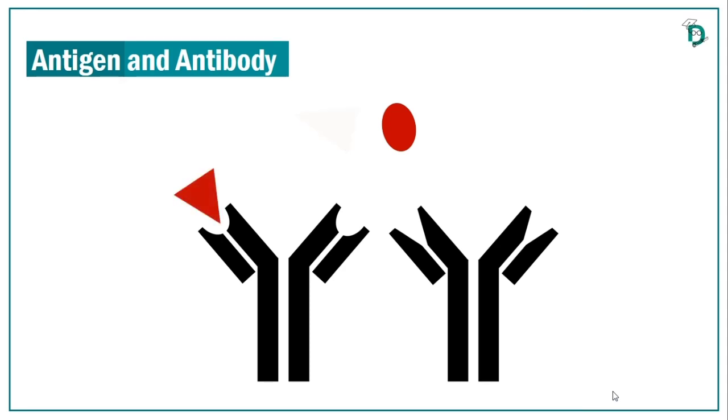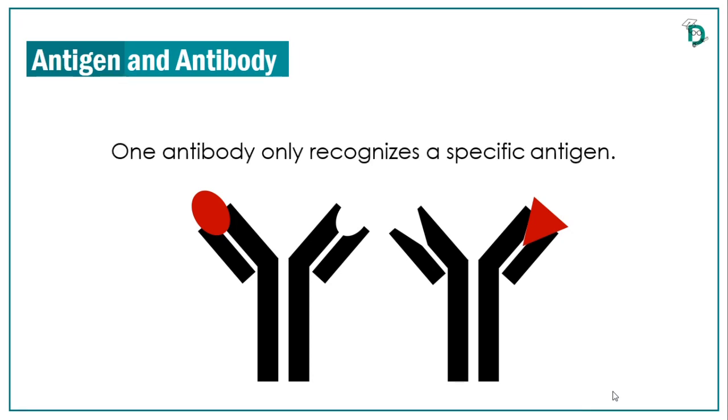So if this triangular antigen tries to bind with this antibody, it will not be able to, because this triangular antigen will not fit into circular antigen binding site. Same in this case. But if I change the binding, circular antigen with this antibody and triangular antigen with this, now binding will successfully occur due to compatibility. Hence, we can say that one antibody recognizes and binds to a specific antigen only.